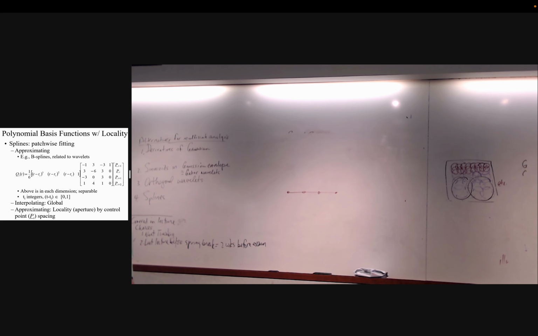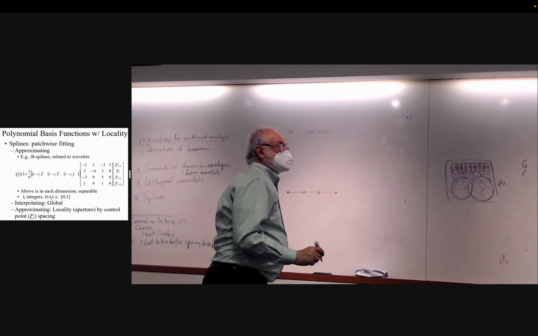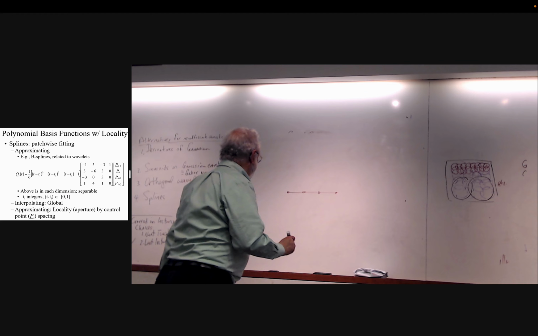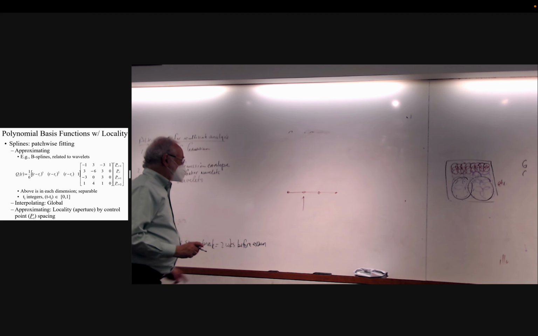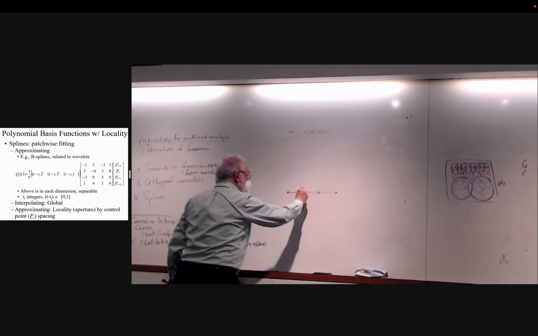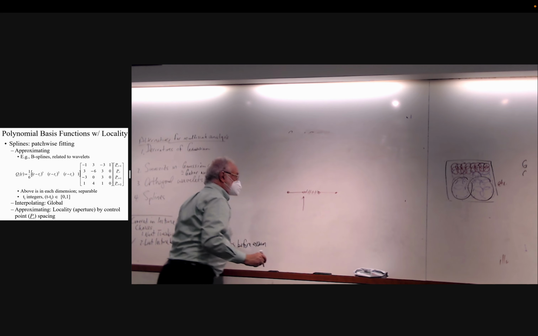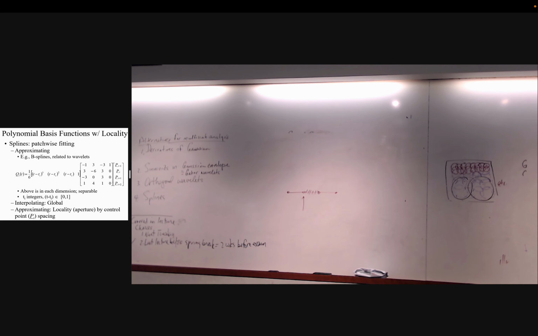In that row, we have four values, and because of this, we're going to be computing a polynomial for that patch, the middle patch in this example, with its 4 control points. One at each end of it.